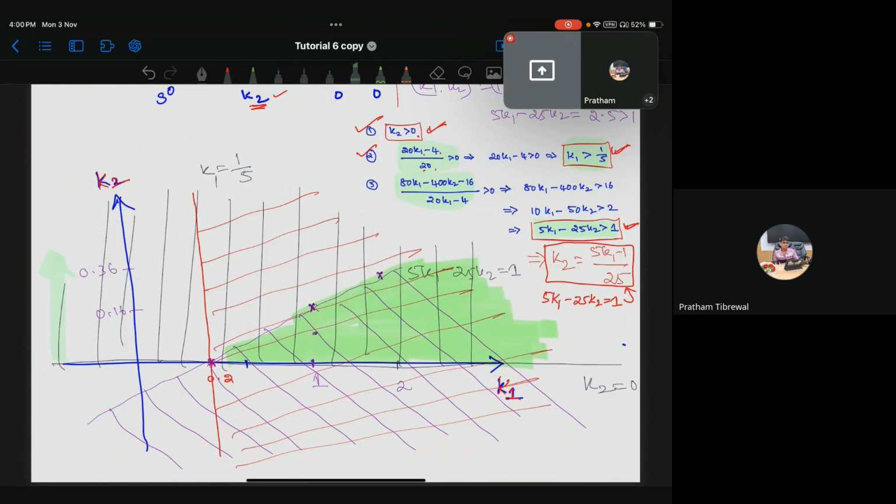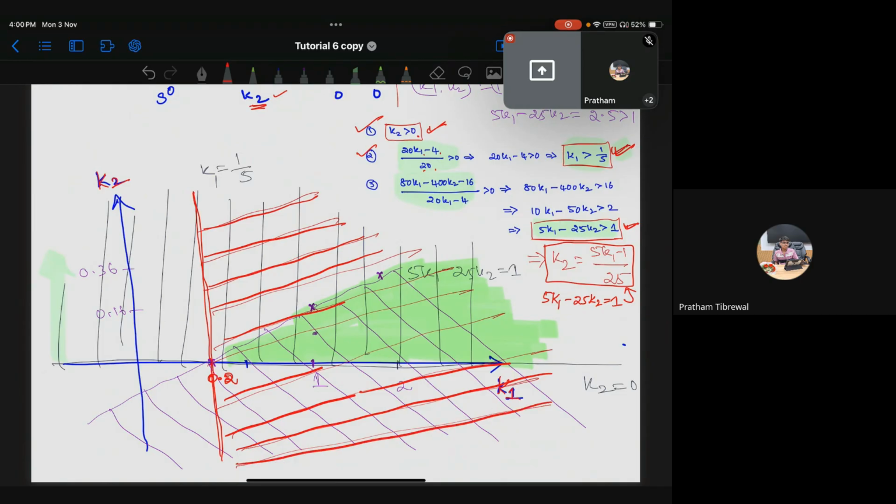Then k1 greater than 1 by 5: you have this line, 1 by 5 means 0.2. Right side of this line, clear? Yes or no?